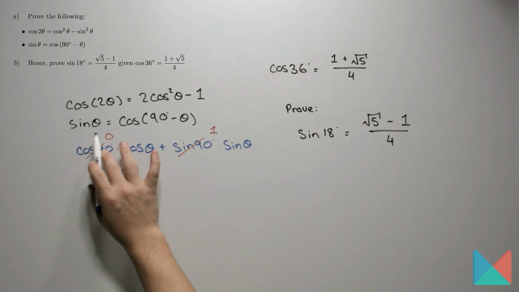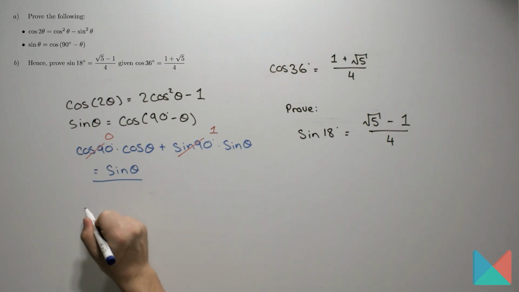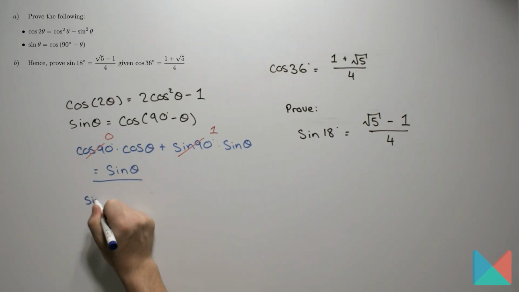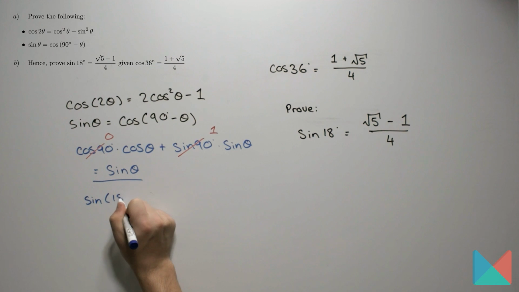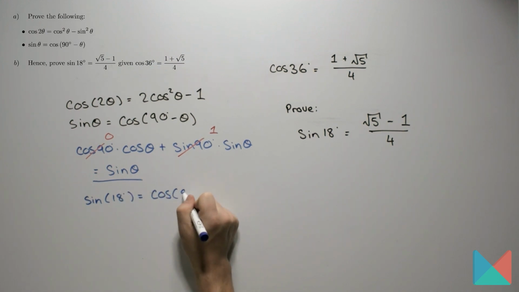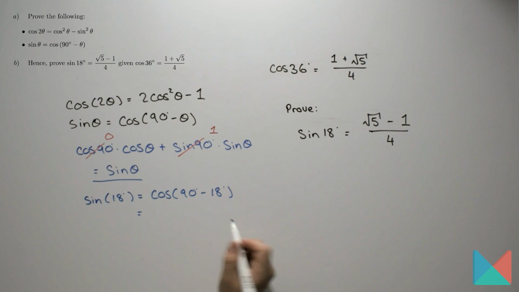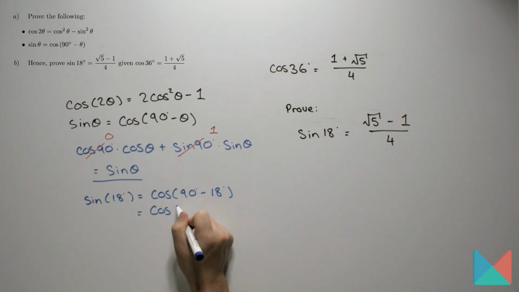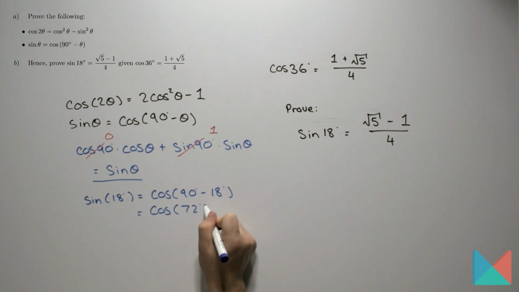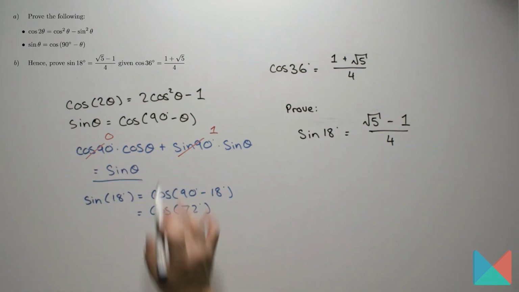So you can see that we have sine of theta here, and if we replace theta with 18 degrees, we will get sine of 18 is equal to cos of 90 take theta, and theta is 18 degrees. And 90 take 18 gives us 72. So we have sine of 18 degrees is equal to cos of 72 by using our identity here.